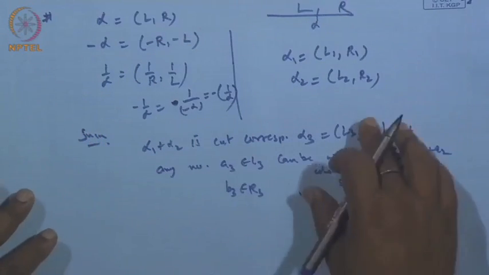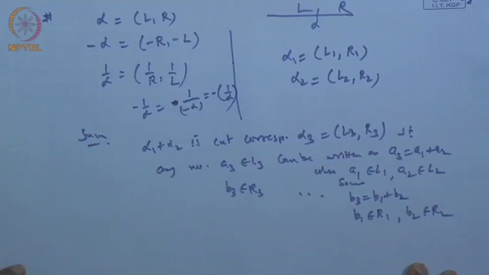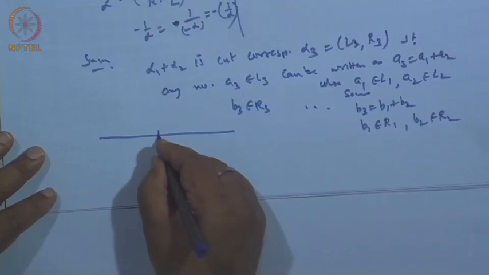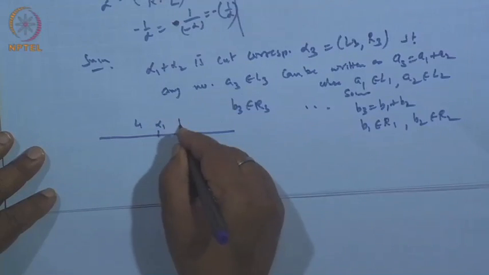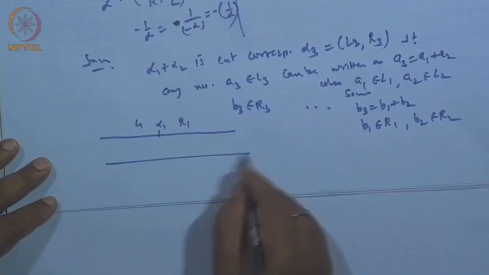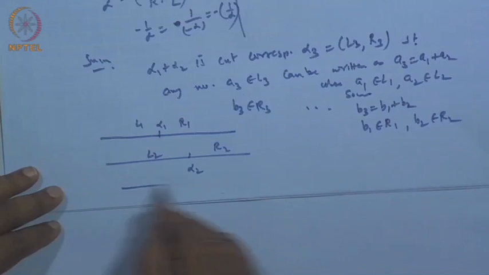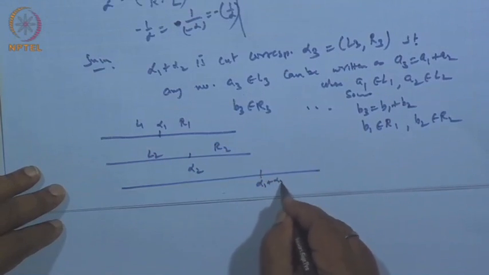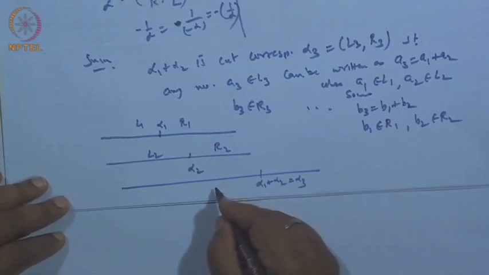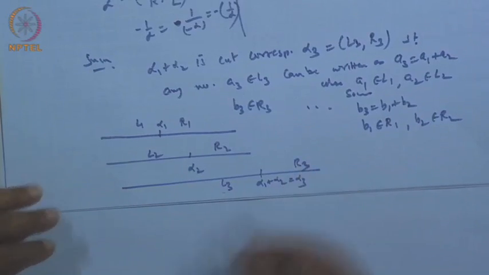Now here also addition can be done like this, is it not? What is the meaning of this addition? Suppose we have alpha 1 as cut L 1 R 1, alpha 2 as this cut L 2 R 2. When we add these, this is alpha 1 plus alpha 2, which we denote by alpha 3, so this is L 3 R 3.